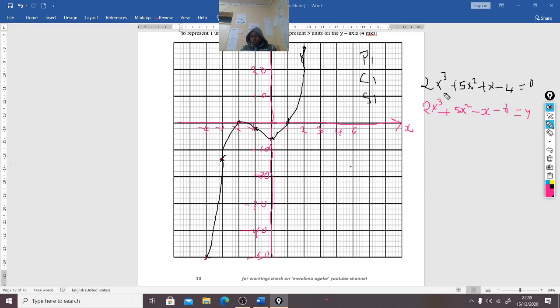Now you subtract or add so that you eliminate all of this, and you remain with a straight line. So write this equation that you need to solve using the graph: 2x cubed plus 5x squared plus x minus 4 equals to 0.